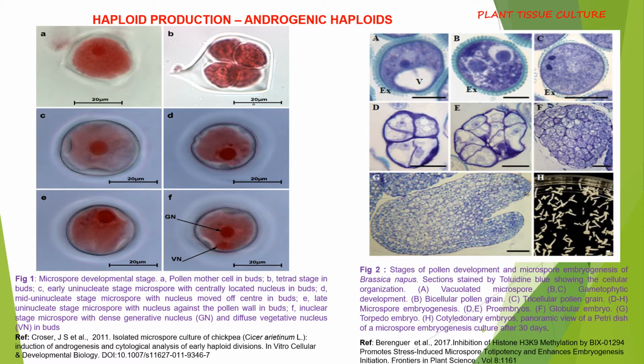The generative cell further undergoes mitotic division to form two male nuclei, while the vegetative cell accumulates nutrients like starch for pollen maturation. If the vegetative binucleate pollen starts storing starch, it stops androgenesis, or androgenesis cannot be triggered.